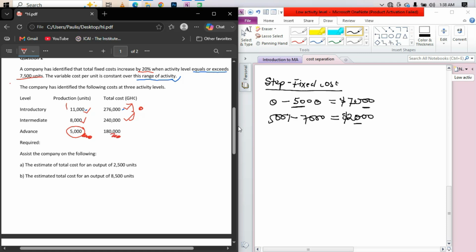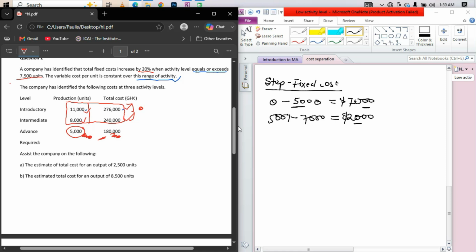So these two are above the range because the activity level here is more than 7,500 units. So any fixed cost that we are going to get here has the increment of the 20% already. So when we do that, we must reverse it to get the fixed cost at this level.